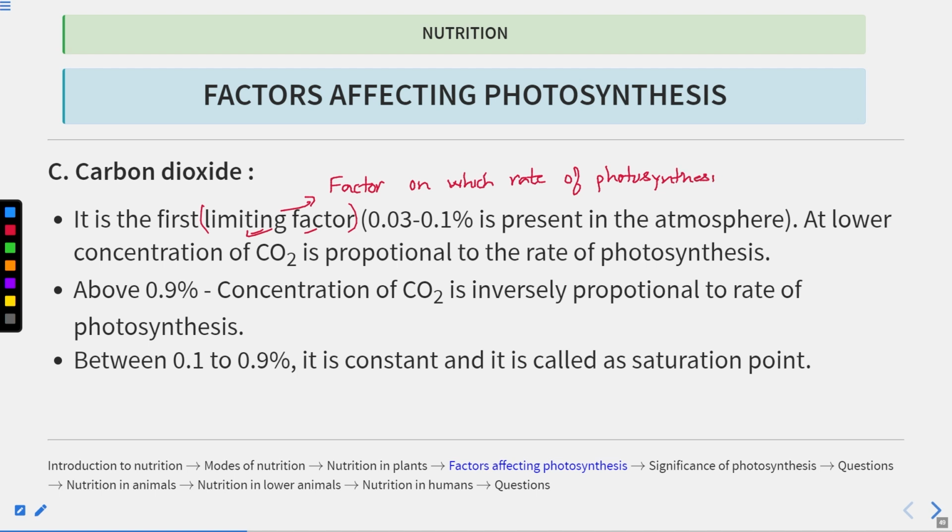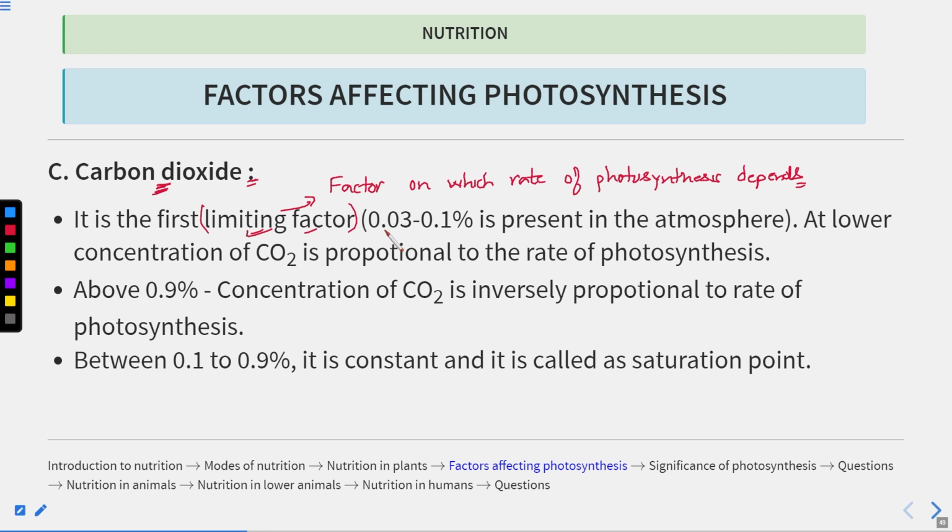This is known as the limiting factor, and when this factor, carbon dioxide, is present in the minimum amount, then the rate of photosynthesis will also be minimum.